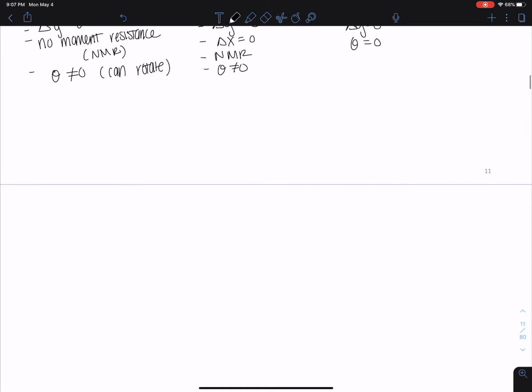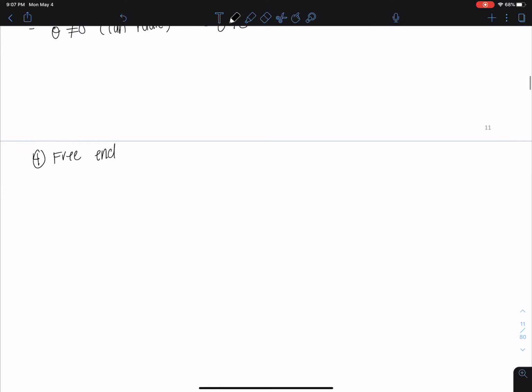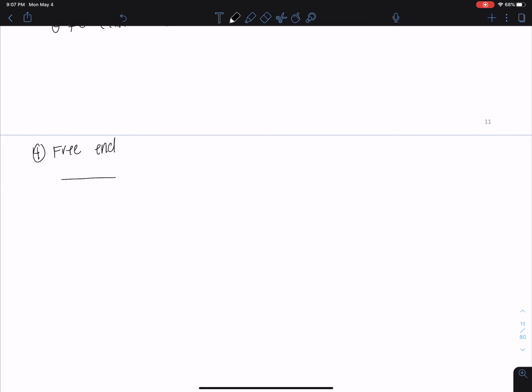Okay, the next one we have, number 4, is a free end. A free end basically means it has no supports. We have no shear resistance, and we have no moment resistance either. Okay, and the last one we'll discuss is the internal hinge, or internal pin, or a hinge.